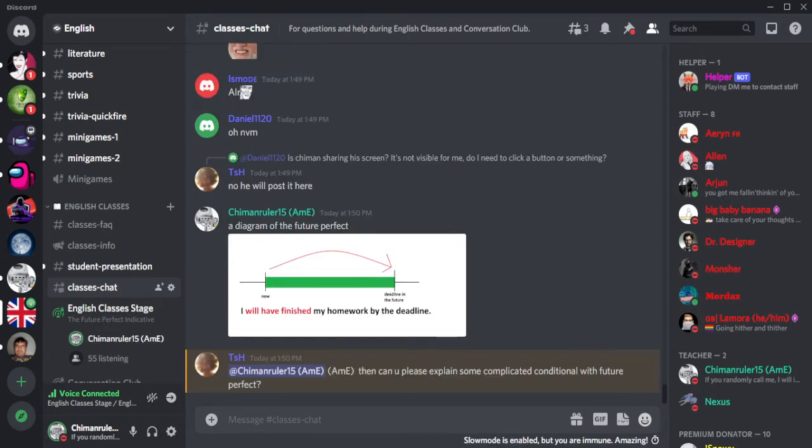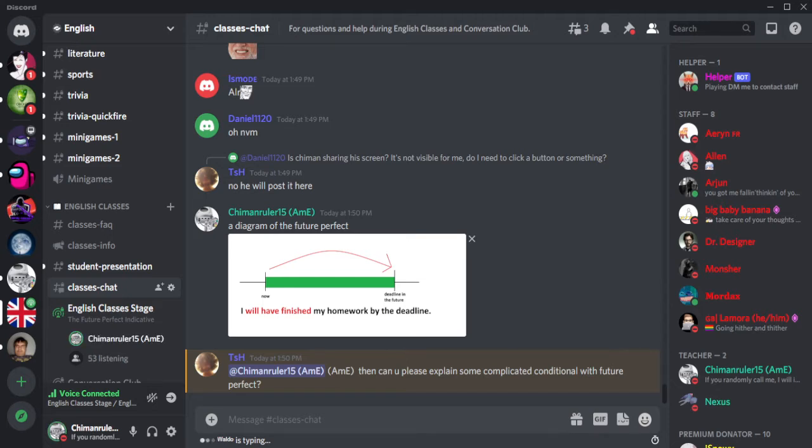So this is one example of the future perfect. The future perfect isn't really used with conditionals. The typical conditionals anyway.